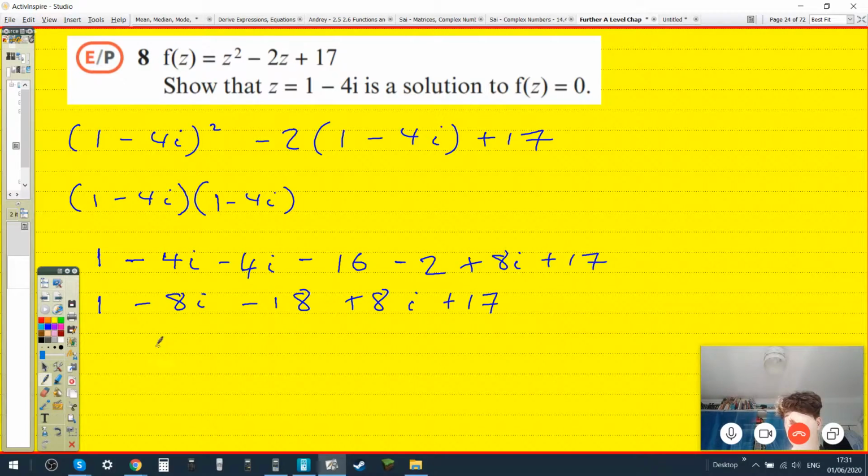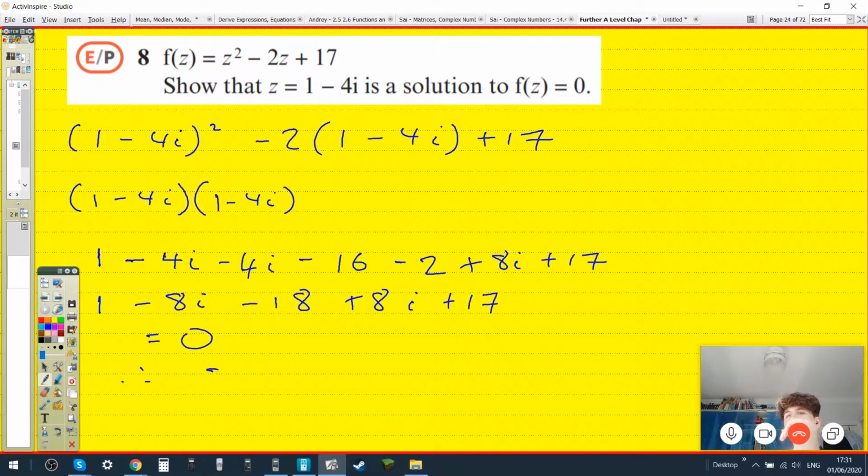Let us say 1 minus, what is 1 minus 16? Minus 16 minus 2. Oh, I didn't see the 2. Okay. Yeah, that works now. Then this one equals 0.